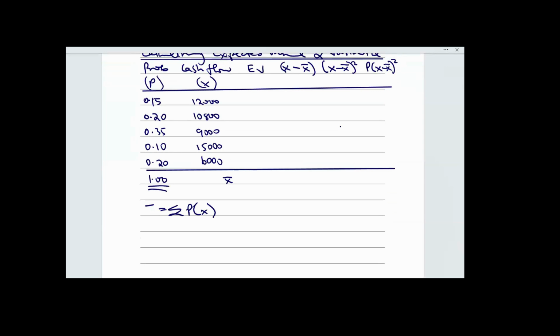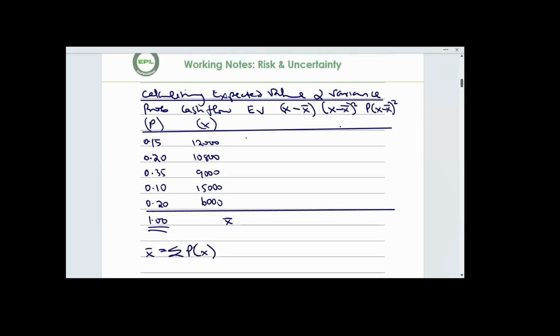So the first one, 0.15 multiplied by 12,000. What do you have? It's 1,800. Next one, 2,160. Next one, 3,150.